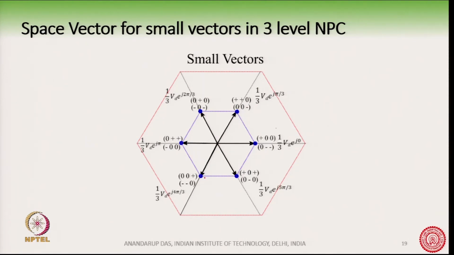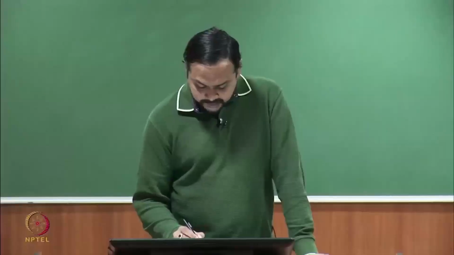The inner hexagon can be obtained by these switching state combinations which have been shown in the diagram. If you take these combinations here, then you will always get to these 6 vectors on the inner hexagon. Of course, you have here 0.